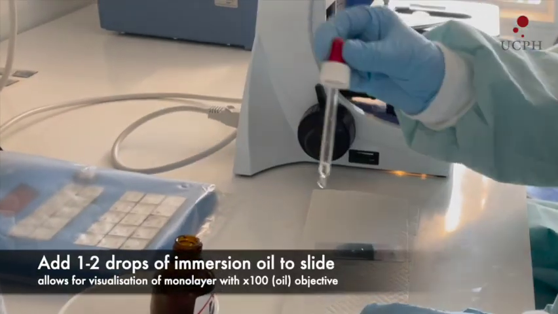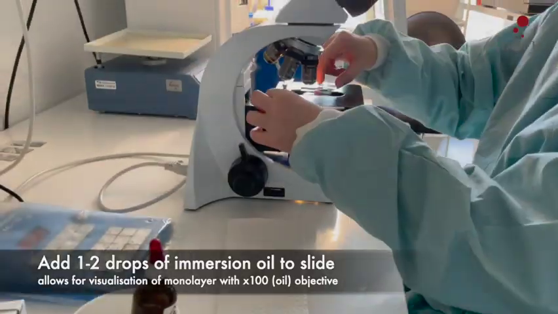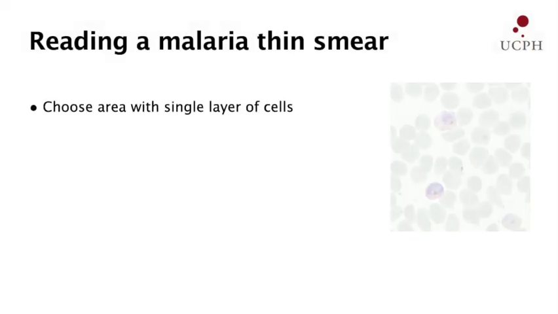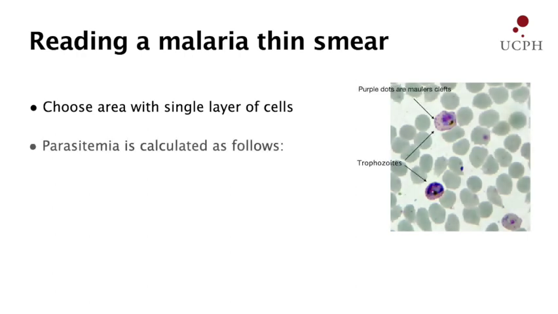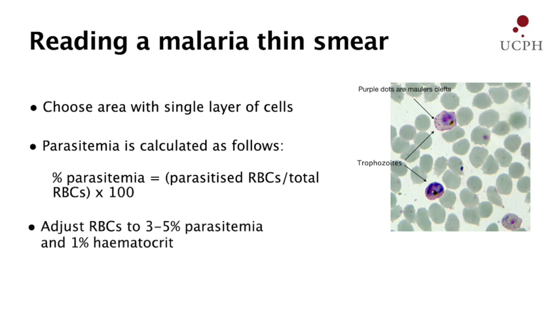To read the slide, add 1 to 2 drops of immersion oil onto the slide and read with a light microscope. Parasites appear as purple-blue bodies inside red blood cells. Parasitemia is quantified by counting the number of infected red blood cells and dividing that by the total number of red blood cells, multiplied by 100.